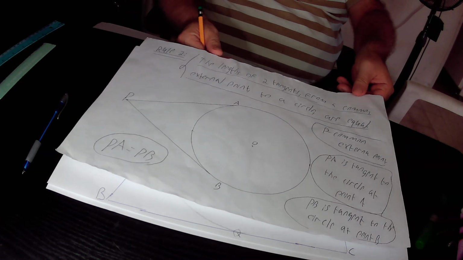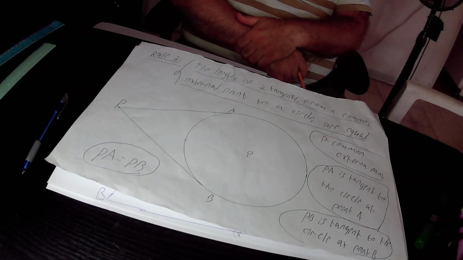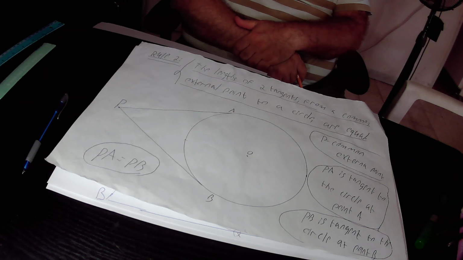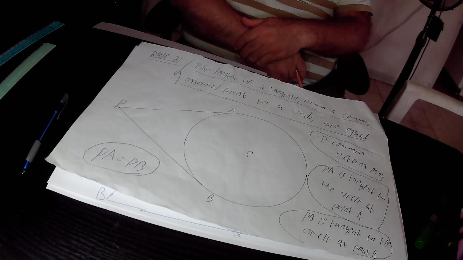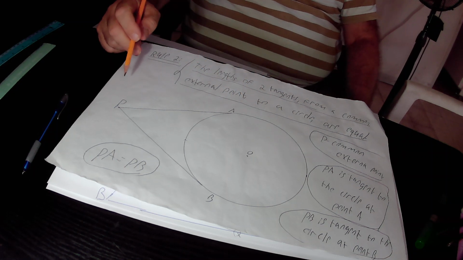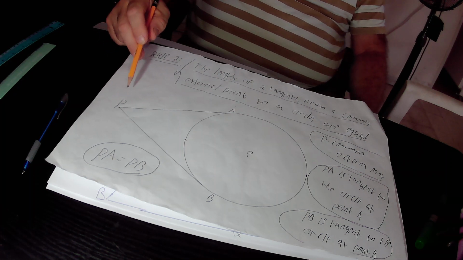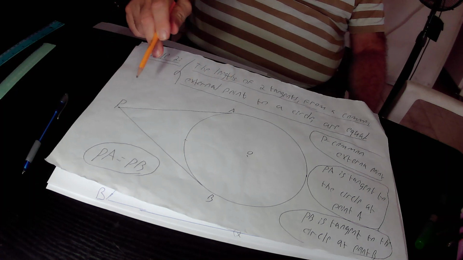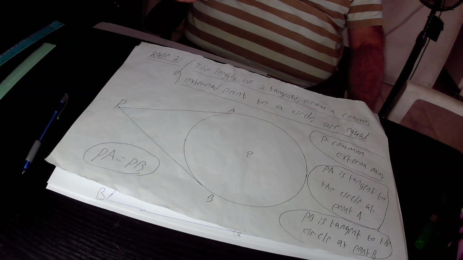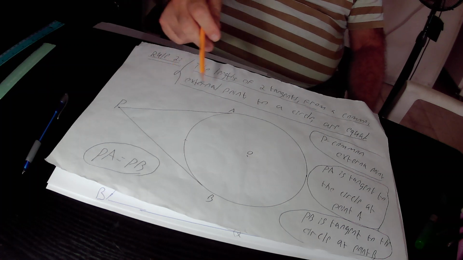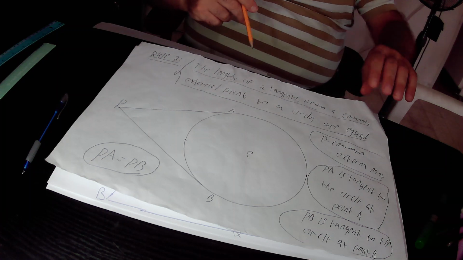According to rule 2, the lengths of two tangents from an external point to a circle are equal. So in the drawing we have a circle, and this is the external point B. From this external point B, we have two tangents to this circle, and according to rule 2, they are equal to each other.